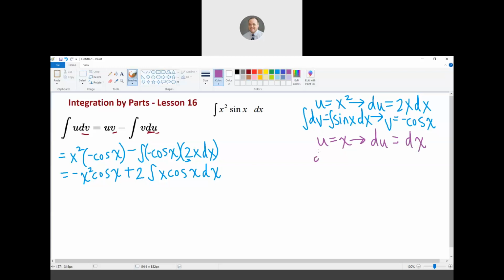The next thing we need to label is our dv. And we'll let that be cosine x dx. And to find v, again, you integrate both sides. So v is equal to sine x.